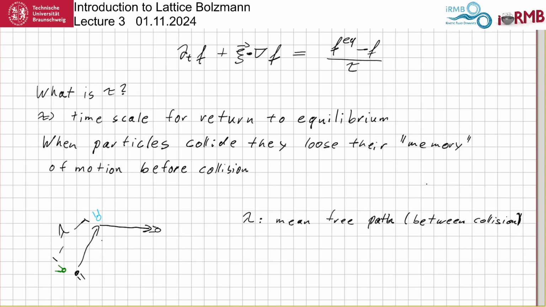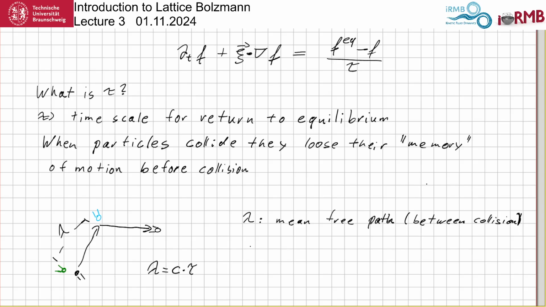Now say that this particle has a velocity c. And then this means that the distance that it travels is the velocity c times the time between collisions.